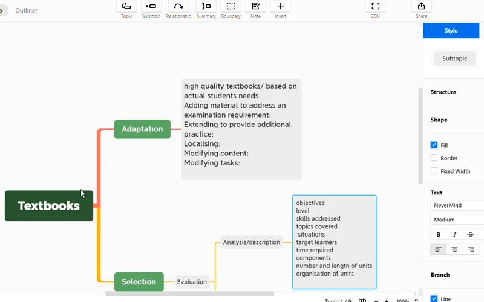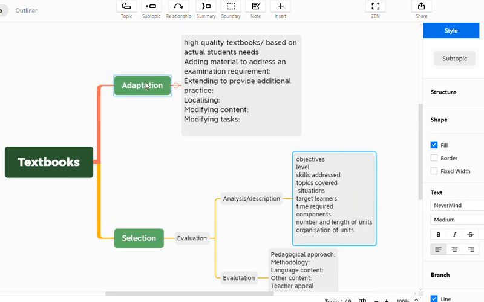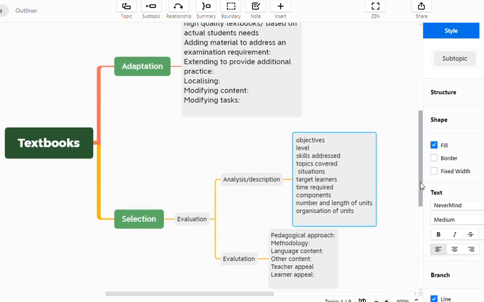So when we talk about materials, teachers usually need to select materials based on first an analysis and description of the materials. Then the most important part here is evaluating. Analysis refers to the description of the content of the material, the appearance of the material. Evaluation refers to the effectiveness of the materials on its users, teachers and students.